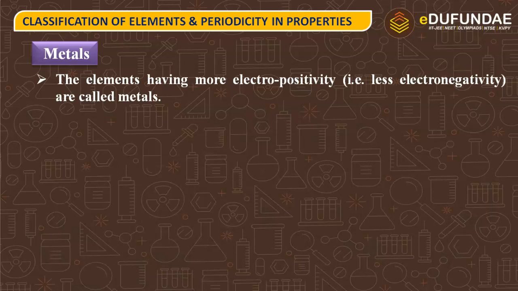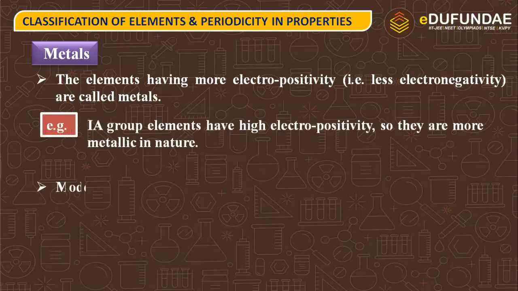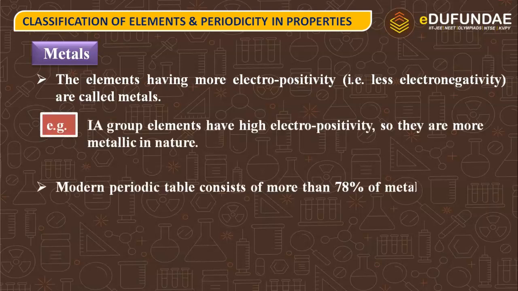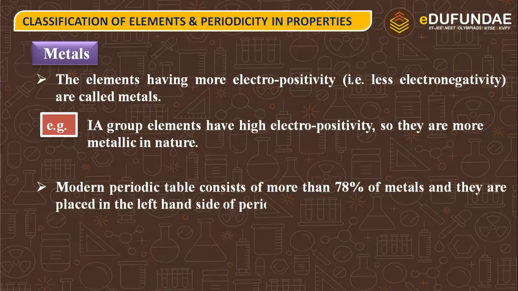So metals can readily lose the electron and show electropositivity as compared to electronegativity. For example, 1A, that means the alkali metals, have high electropositivity, so they are more metallic in nature, and in the whole periodic table group 1 elements are the most metallic in nature.